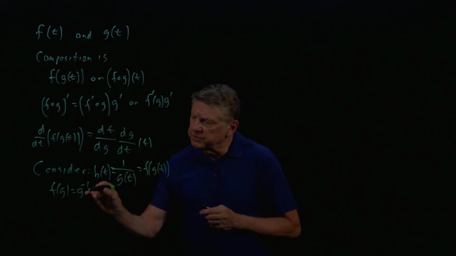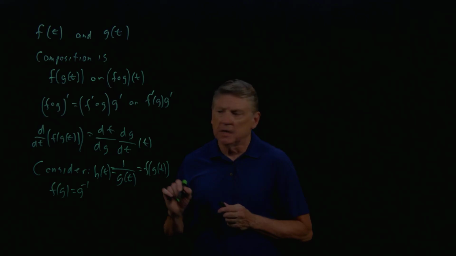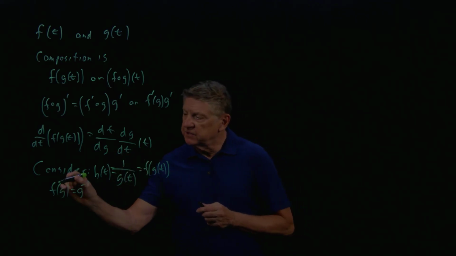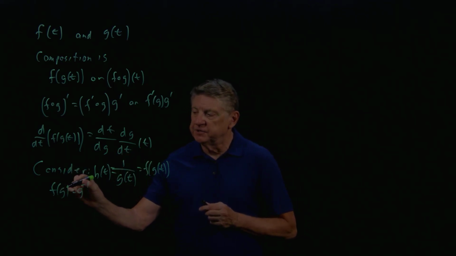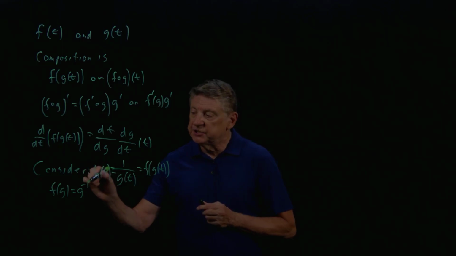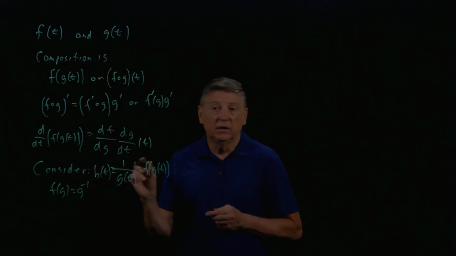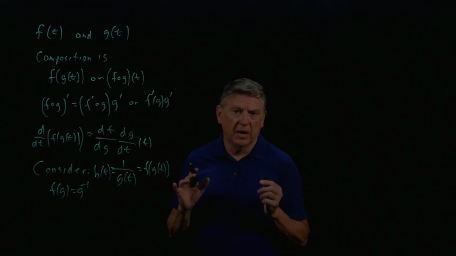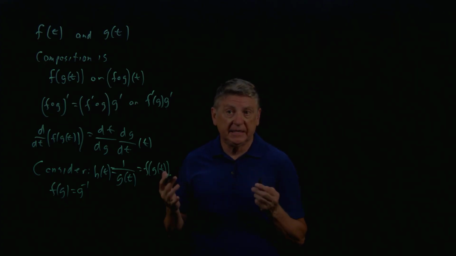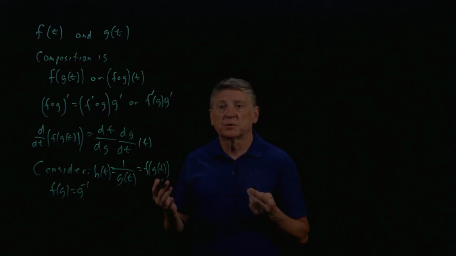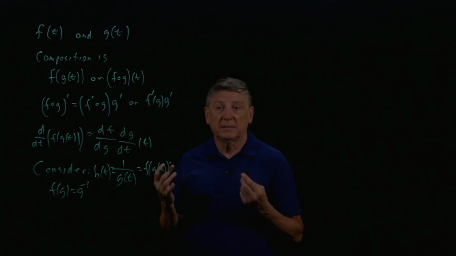And here I'm purposely dropping the extra parentheses because this function f is a function of g, and it is g to the minus 1. And then we actually don't know at this point what g is, because for the purposes of the reciprocal rule, it doesn't really matter.